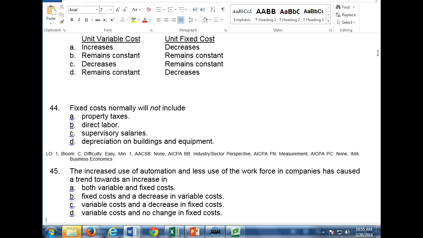What has happened with our economy going towards automation? Less variable costs and more fixed cost. Don't you agree with that?